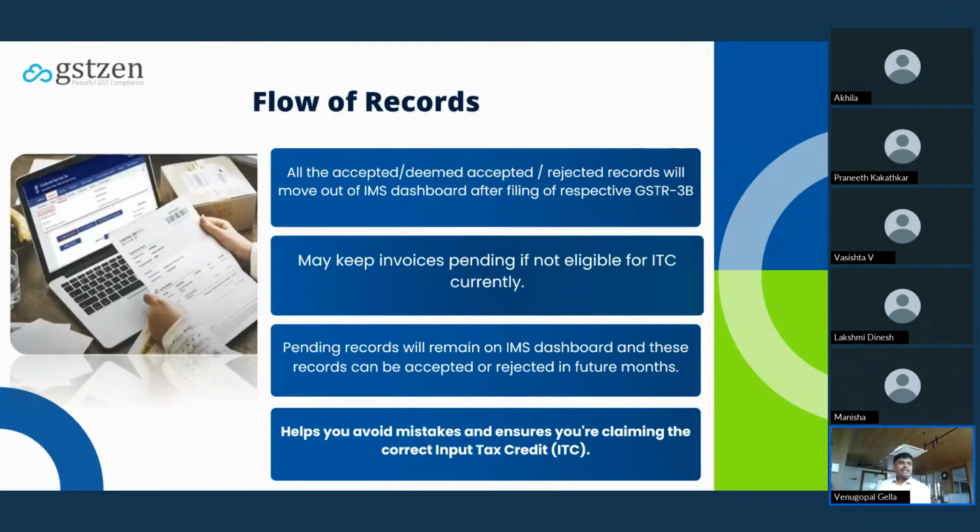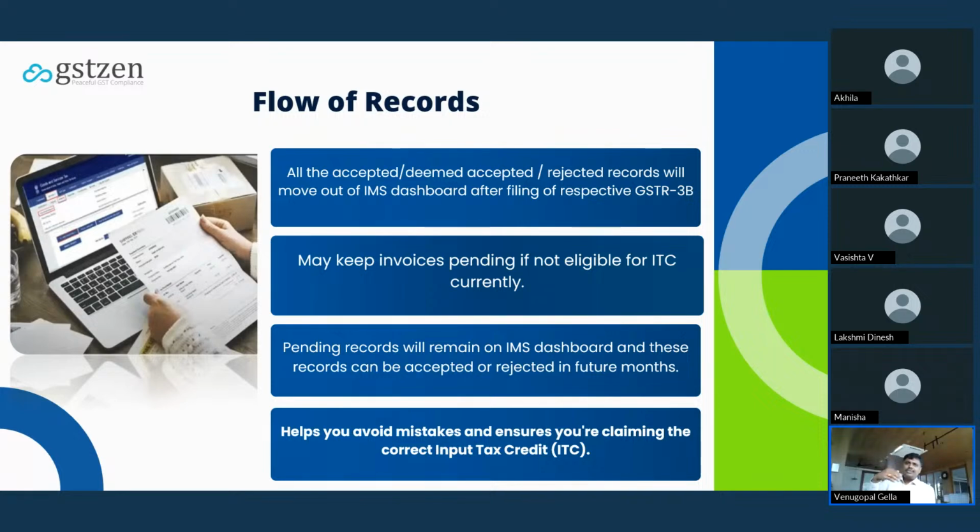Firstly, if you look at the flow, the accepted and deemed accepted records will move out of the dashboard and form part of 3B. You may keep some for pending, and those will stay in the dashboard. Next month, new records will be added. The previous month's pending records are already there. You will have to take action on all of that.